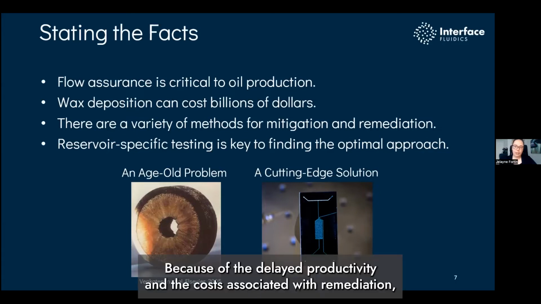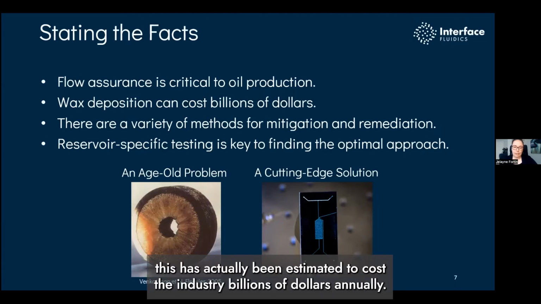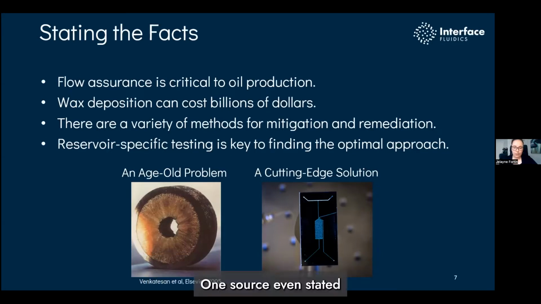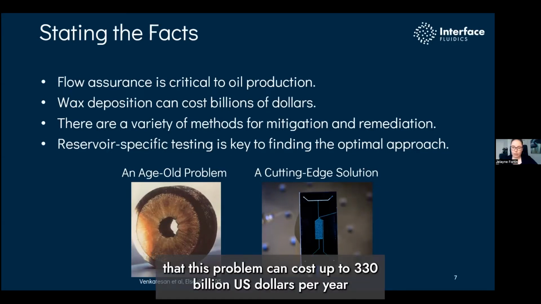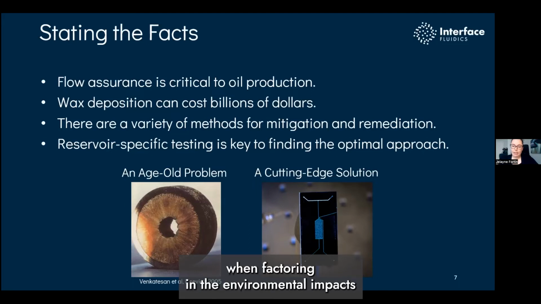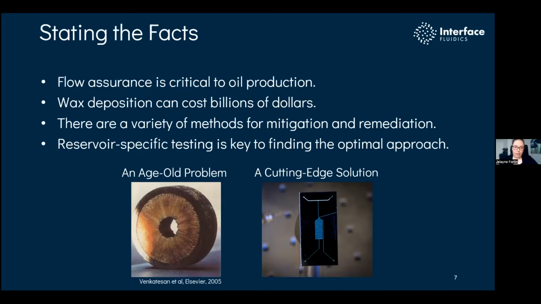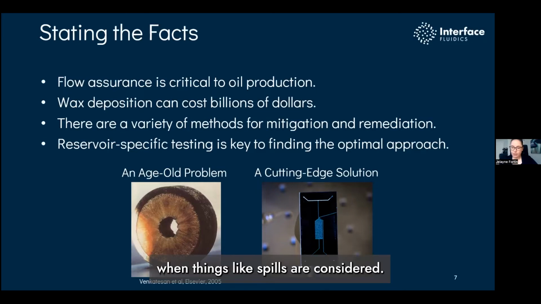Because of the delayed productivity and the costs associated with wax remediation, this has actually been estimated to cost the industry billions of dollars annually. One source even stated that this problem can cost up to $330 billion per year when factoring in the environmental impacts that wax can have when things like spills are considered.